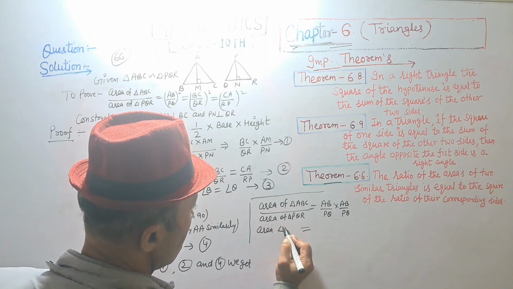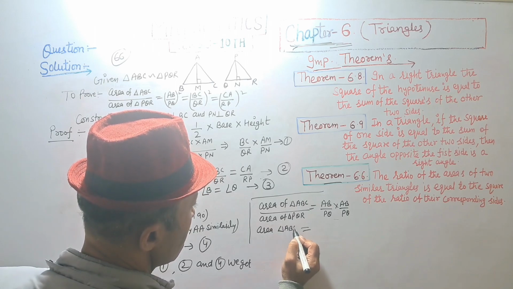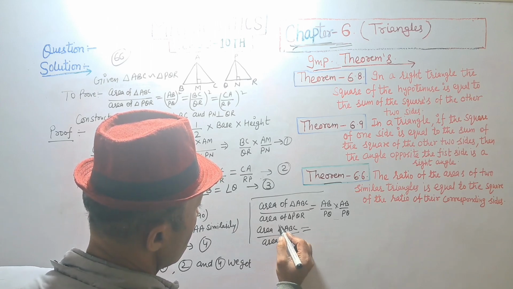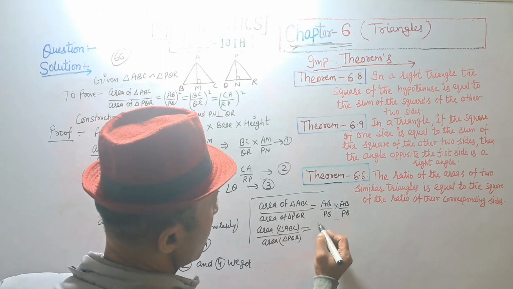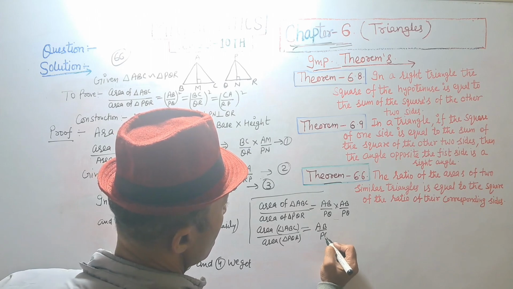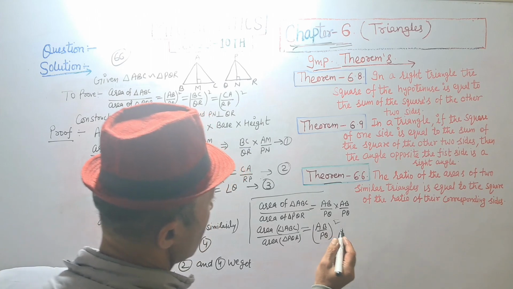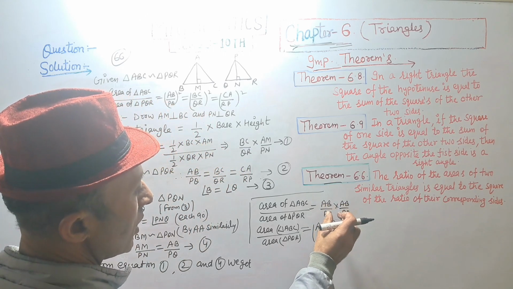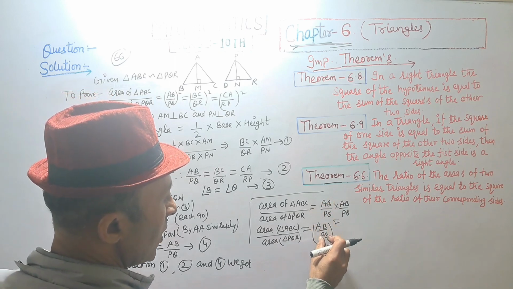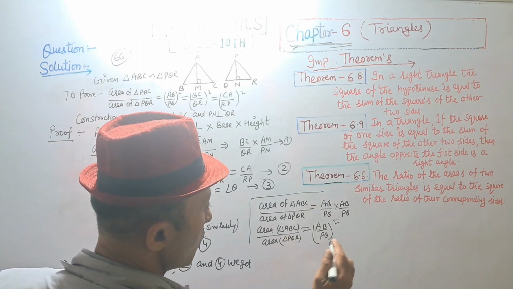to area of triangle ABC upon area of triangle PQR equal to AB square upon PQ square, and that is equal to AB upon PQ raised to power 2.